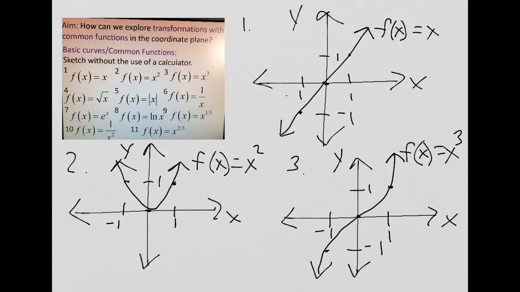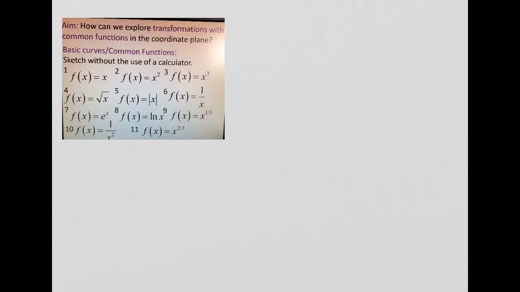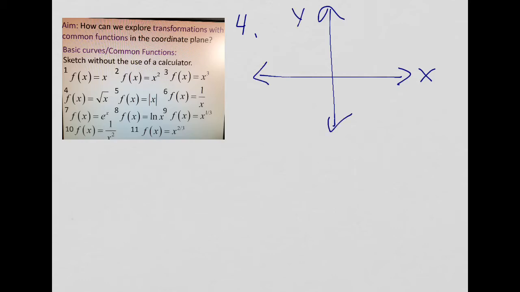I'm up to number 4. I'm going to erase all the ink. And so now I'm up to number 4. So talking about the domain and range, there is obviously a restricted domain for the square root of x, we discussed that when we talked about domain and range.